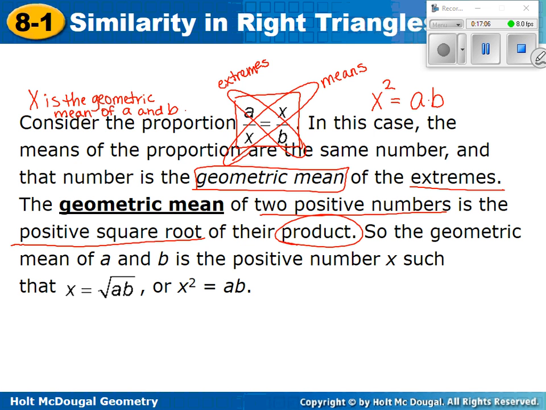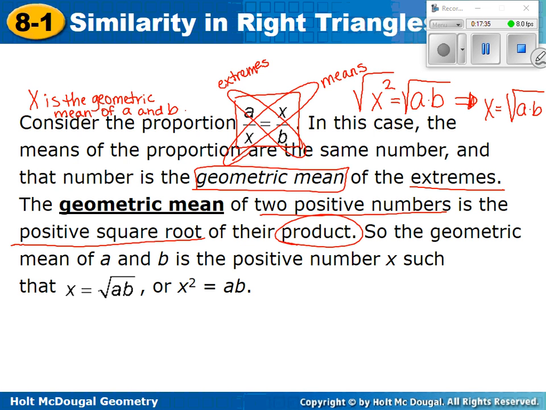Square root. We learn in Algebra 1, though, when you take the square root, you're supposed to put positive or negative. But the directions or the definition says the geometric mean is not plus or minus. The geometric mean is just the positive square root of their product. So when I solve for X, X is going to be just the positive square root of their product.